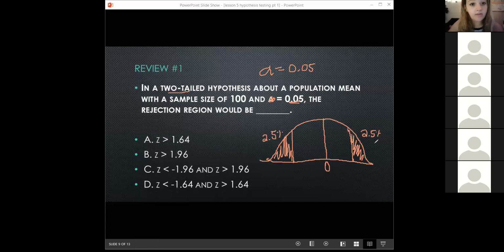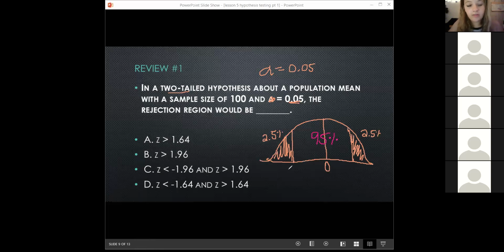Stop me at any time if what I'm doing doesn't make sense, okay? So if we have a rejection region there, that means that the center part is 95%. Now remember, if we're talking about a normal curve, what are the two numbers within which 95% of the data lies?